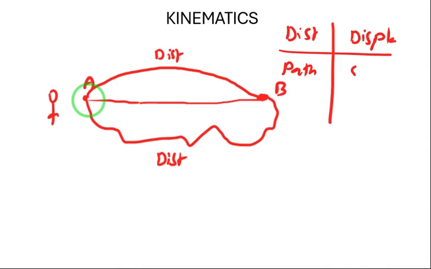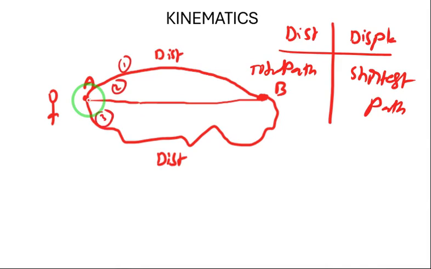Displacement means shortest path. Shortest path is called displacement. Again I am repeating. Distance means total path covered, and displacement means shortest path. So in the first case, this is case 1, this is case 2 and this is case 3.